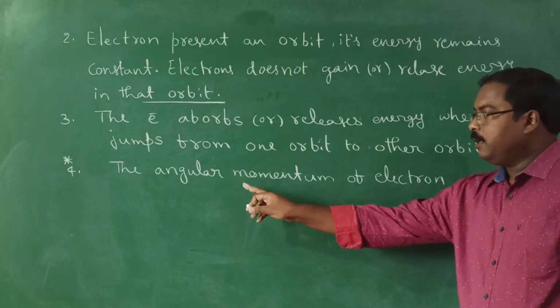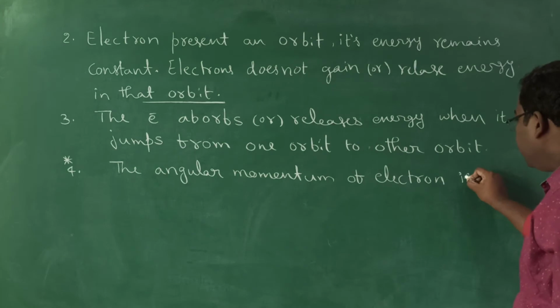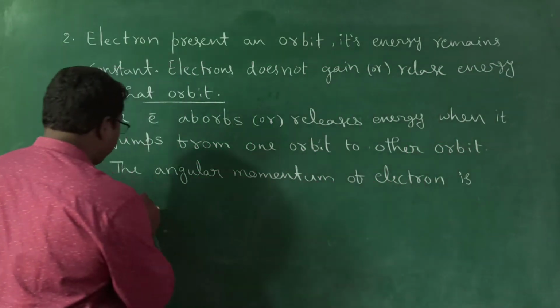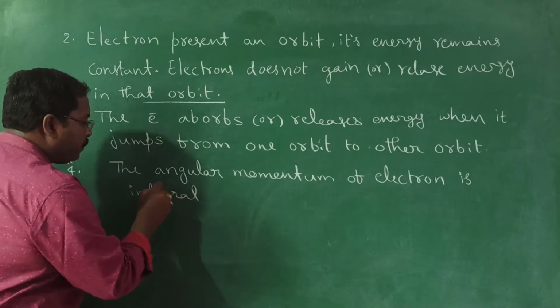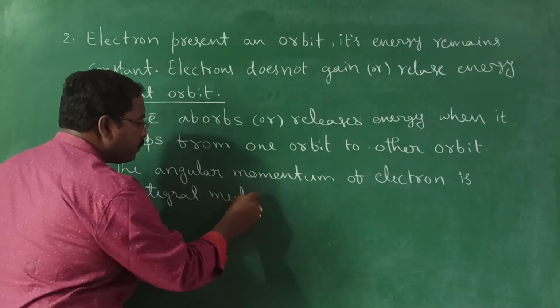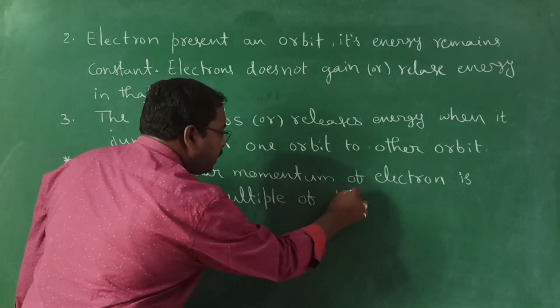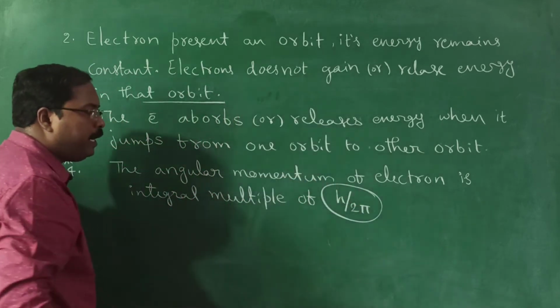Now first, note down, the angular momentum of electron is integral multiple of h by 2 pi. H divided by 2 pi.